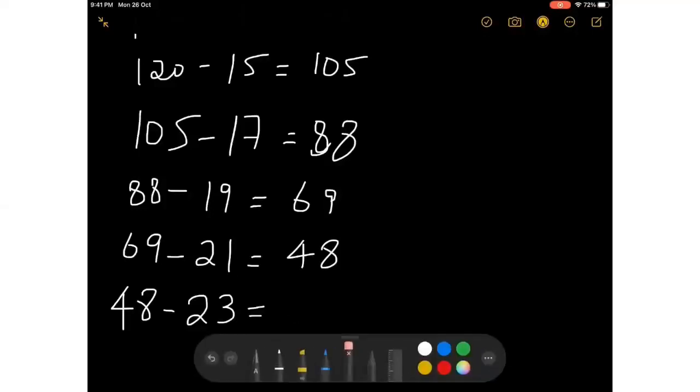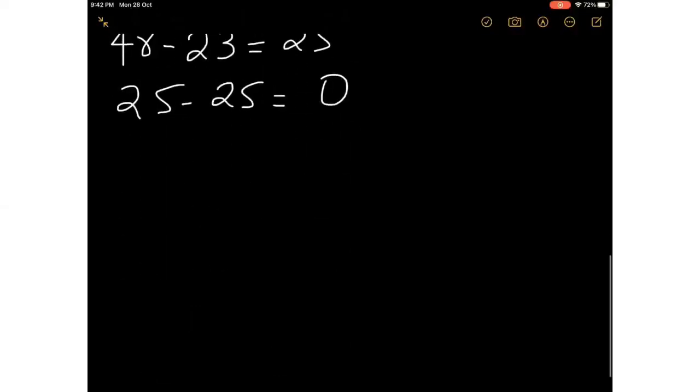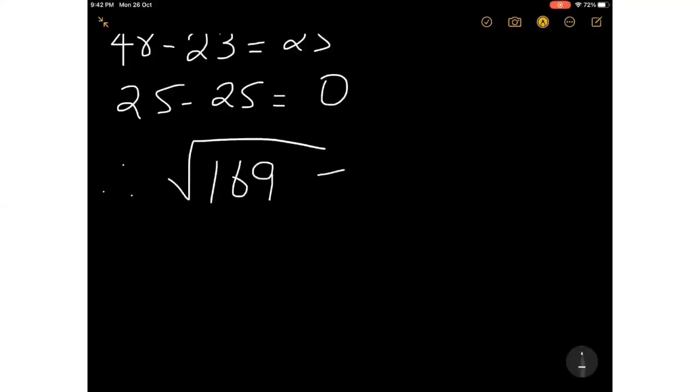And 25 minus the 13th odd number, which is 25, is equal to 0. The sum ends here. So the number 169 comes to the 13th odd number. So the square root of 169 is equal to 13.